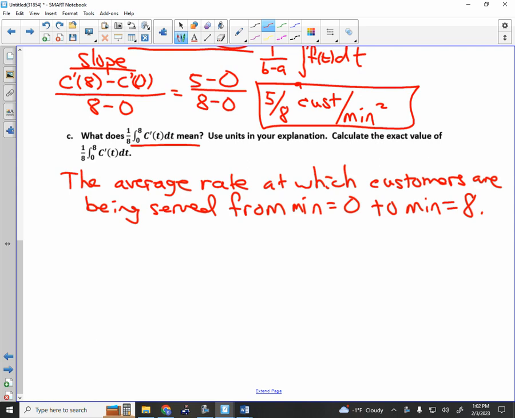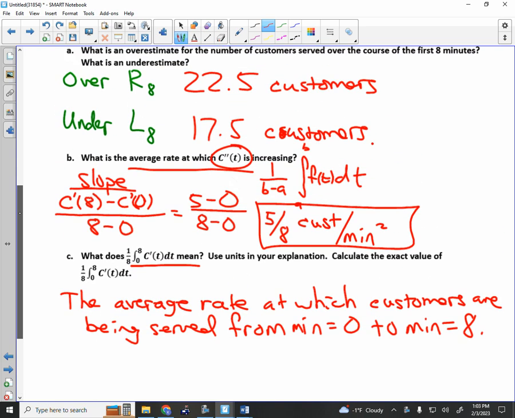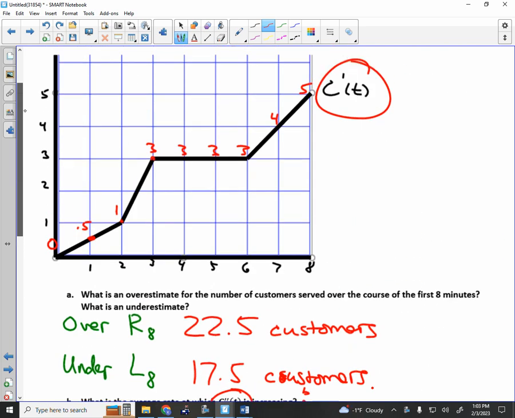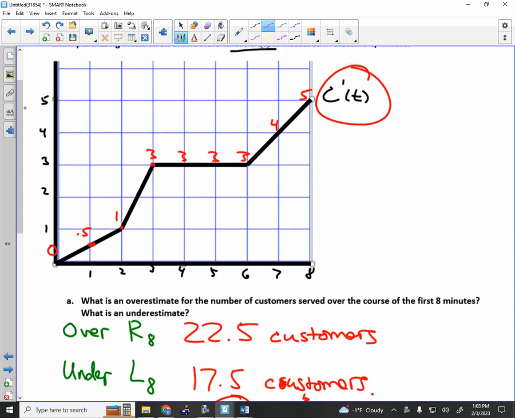So we're going to do just a slight analysis to make sure that we are within reason here. Average rate at which customers are being served from minute equals 0 to minute equals 8. If I glance at my graph up here, you tell me when you think I'm at the average height. Okay?